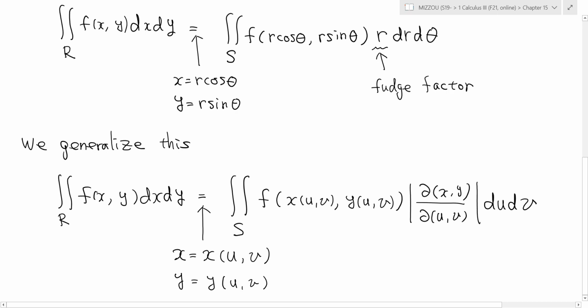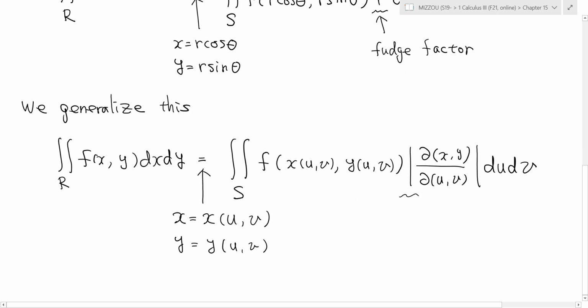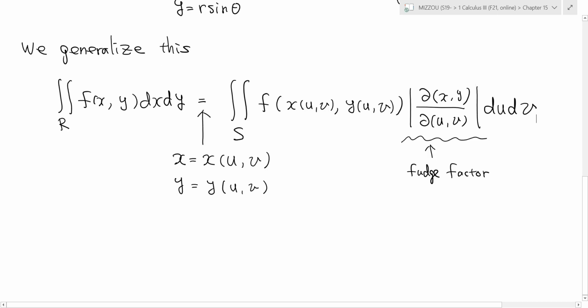So that's the fudge factor for the change of variables in general. And then of course we get a different region S. So this is the fudge factor. But what is that? First of all, those are just absolute values.